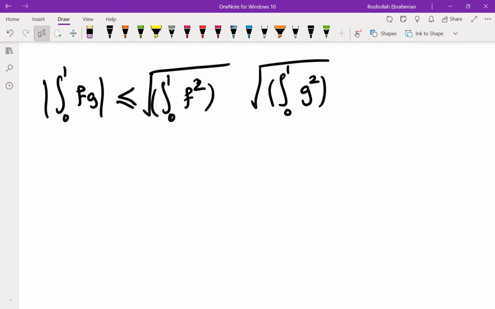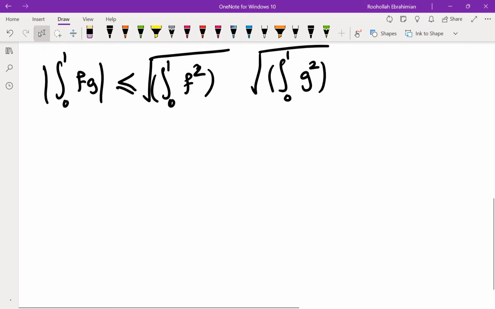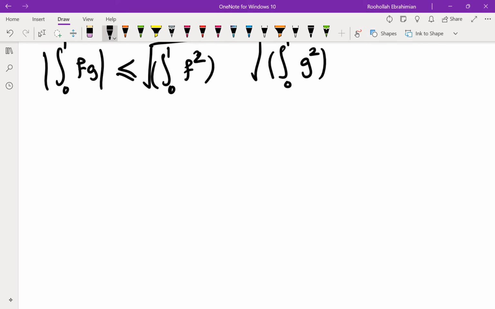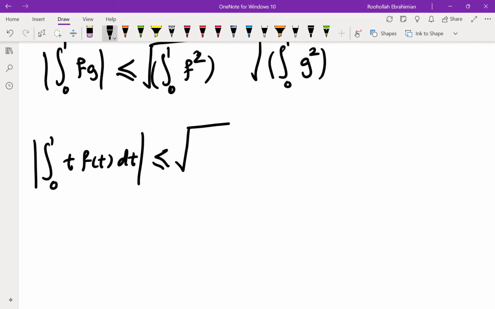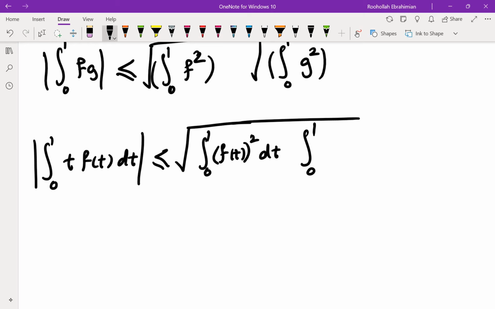Now, if I write down this inequality for the two functions t and f(t), I would get this. The integral from 0 to 1 of t f(t) dt in absolute value is less than or equal to the square root of the integral from 0 to 1 of f(t) squared dt times the integral from 0 to 1 of t squared dt.